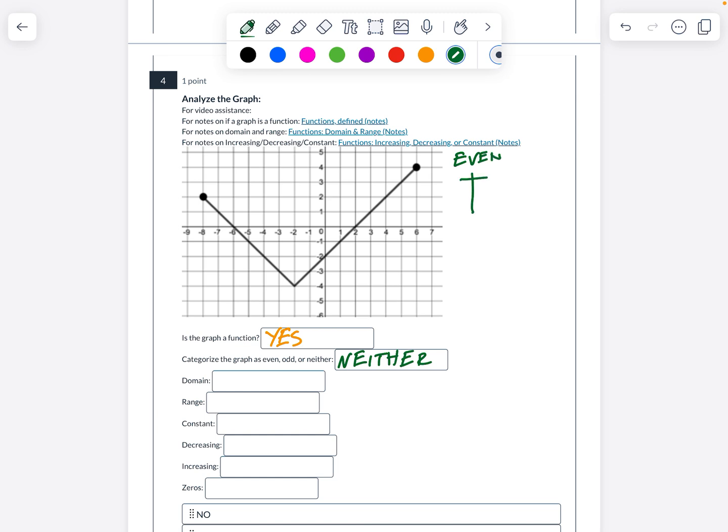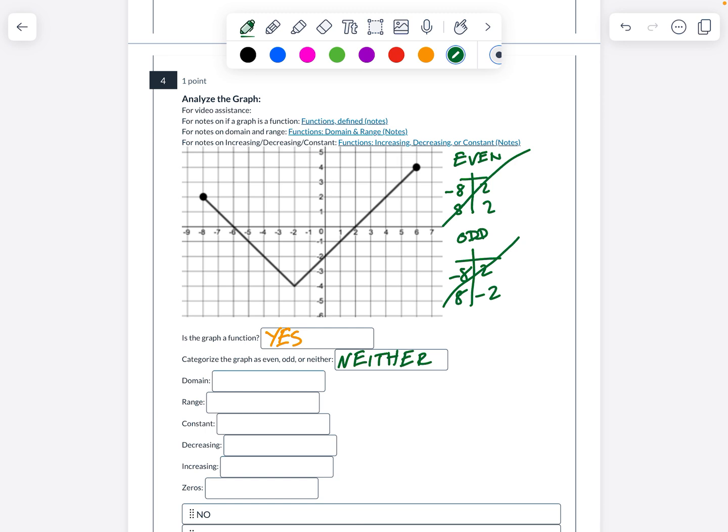It also means that if you have the ordered pair negative 8, 2, you should have the ordered pair 8, 2, and you would not. So it's not even. If it were odd, if you had the ordered pair negative 8, 2, you should have the other ordered pair 8, negative 2, and you do not. So it's not odd. So it has to be neither.